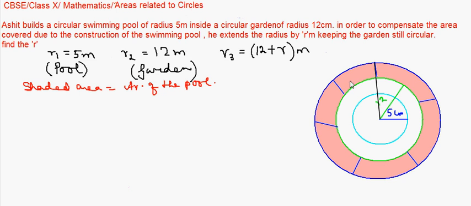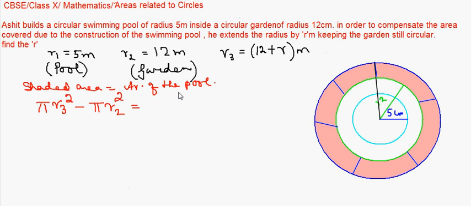The shaded area will be the complete area of the blue circle minus the area of the green circle. Area of the blue circle is pi r3 square, minus the green area, pi r2 square, that is the shaded area.